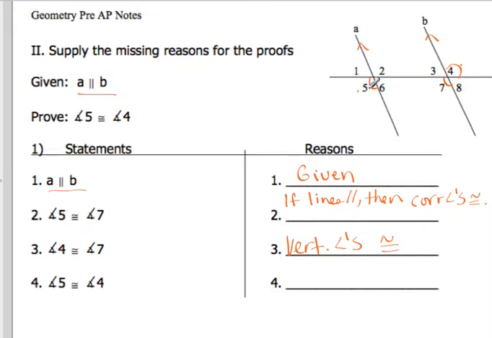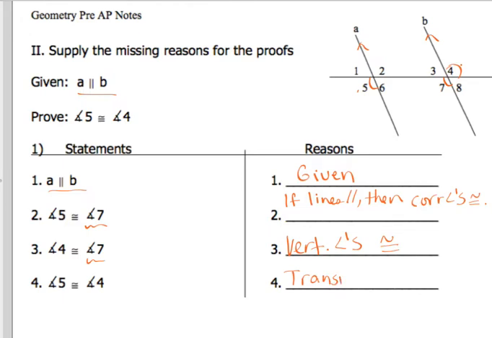Now we notice in our picture, based on our markings, these are the same, and 5 and 7 are the same, so all 3 of them are the same. And so when you want to link up 5 and 4, instead of 5 and 7 and 7 and 4, you're taking out that 7. See how the 7 gets repeated. And so remember, when we're taking out that repeater and linking these up together, that's that transitive property that we learned before.